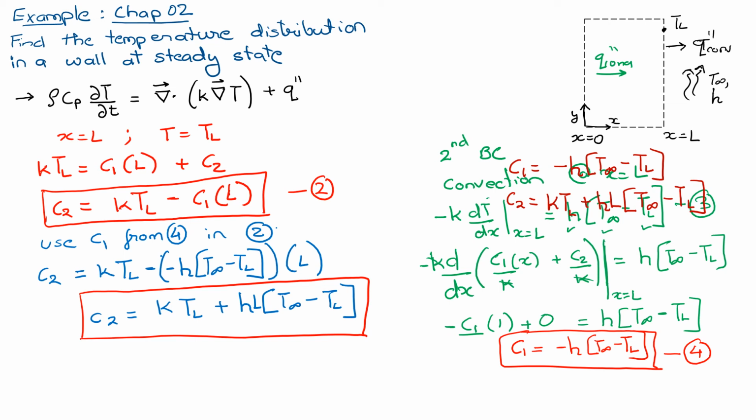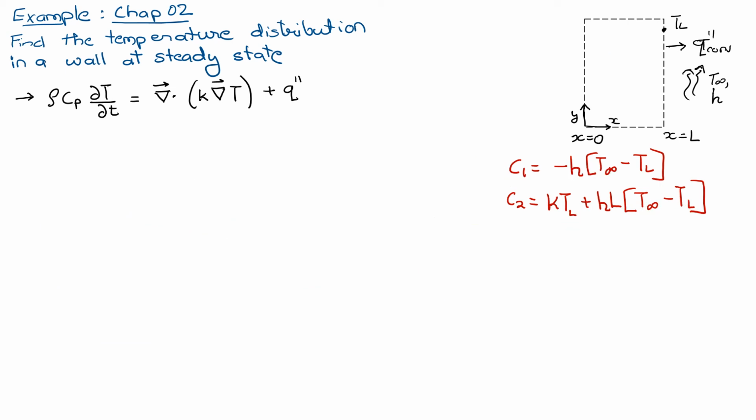So let's substitute these values into the equation that we found for temperature distribution and see how it will look. We have our two constants: C1 as minus h times T infinity minus TL, and C2 as k times TL, that's the temperature at x equal to L, plus h times L multiplied by T infinity minus TL.